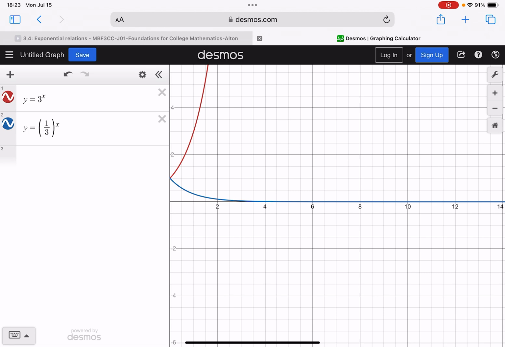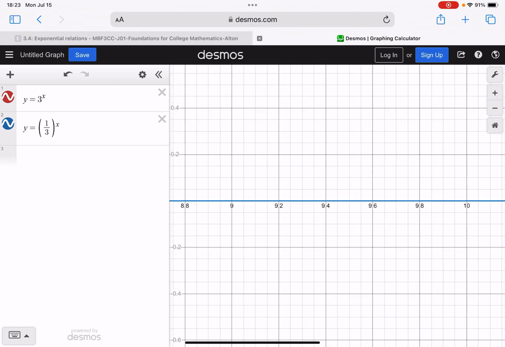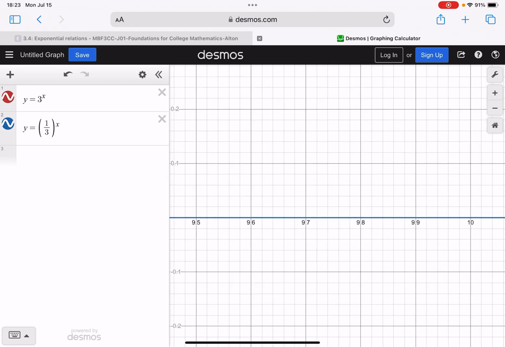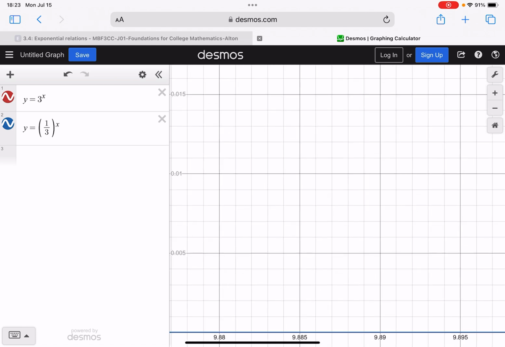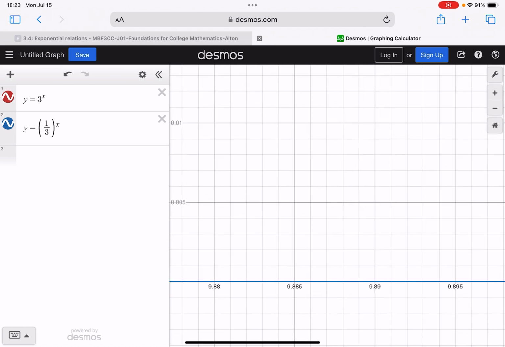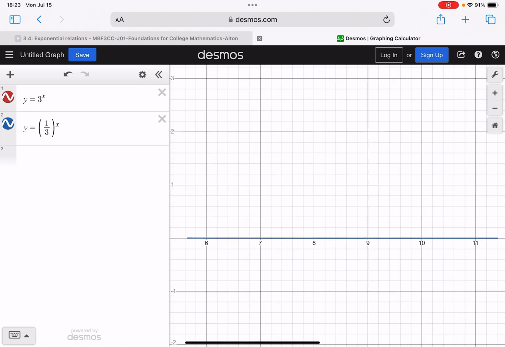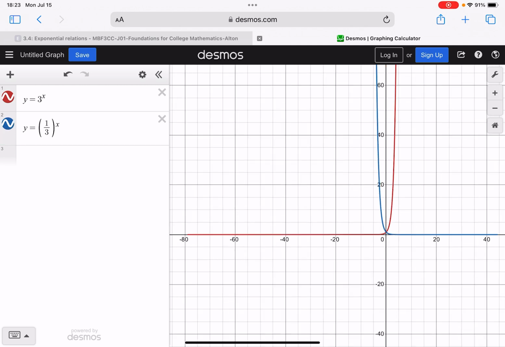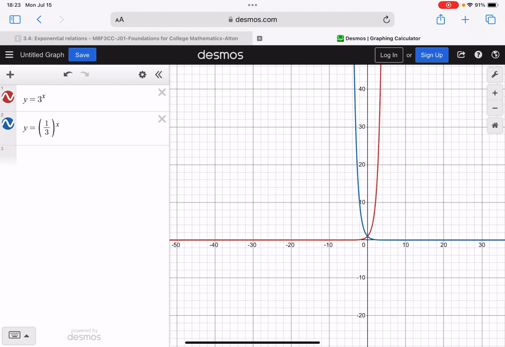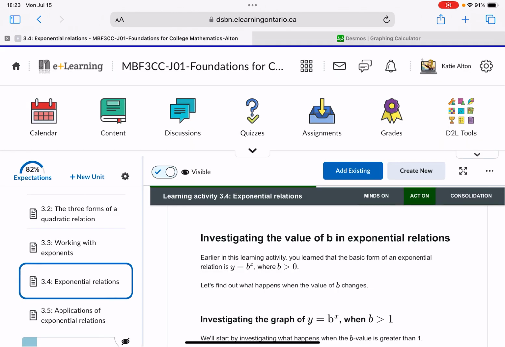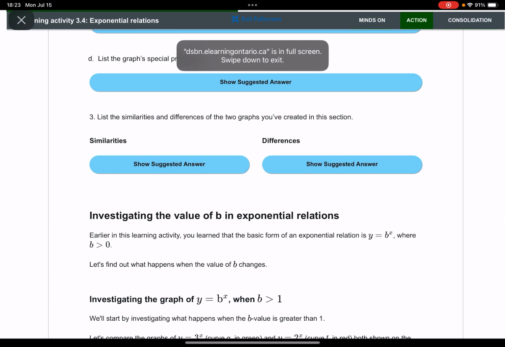If we zoom into the graph, what we'll notice is it gets so close to 0, but it never quite touches. It's hard to see right now, but it never actually physically crosses. What it's called is an asymptote, meaning that it gets infinitely close to the axis, but it never actually touches. Okay, so that's one of the explorations you're going to try.